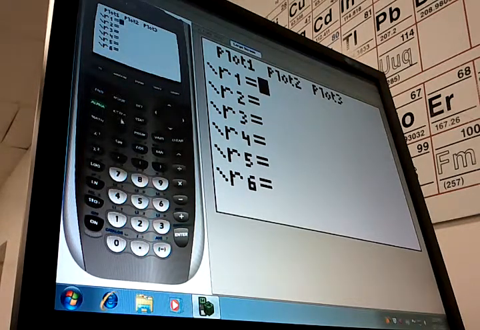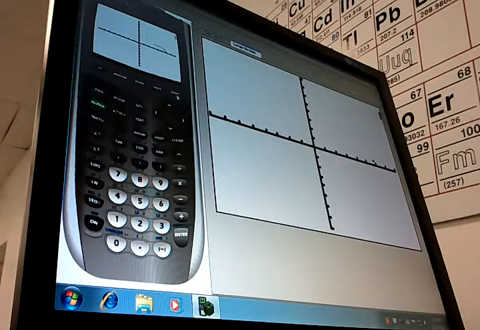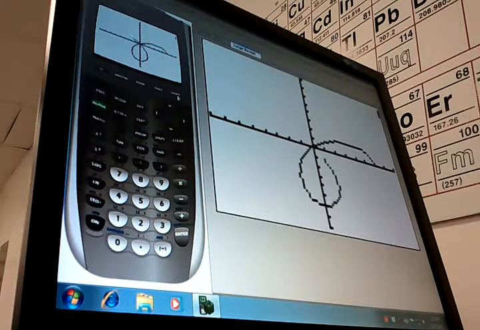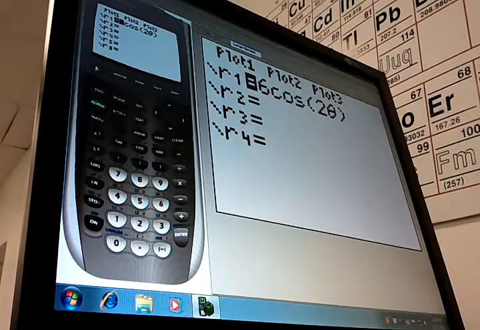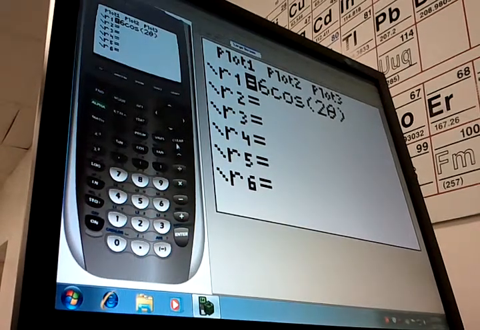So if we had just cosine, let's make it, what's my scale right now, 8? Let's make it 6 cosine 2 theta. Oh, sorry, I left off one little thing.